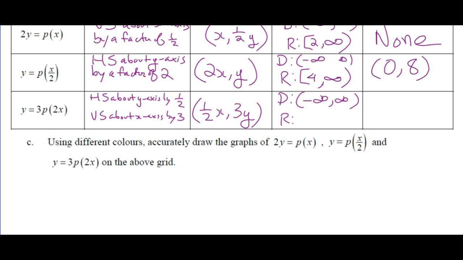And what happens to the range? Triple. So don't write 3 infinity though, right? And are there any invariant points? None?